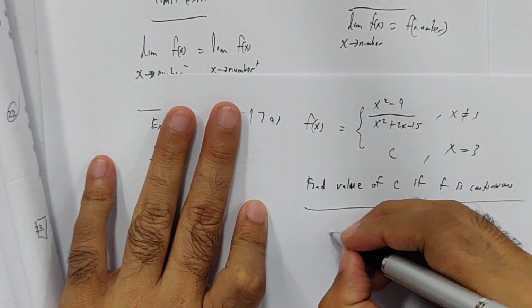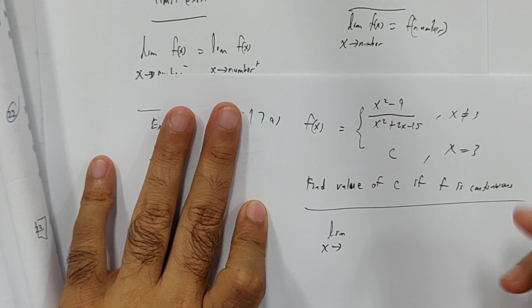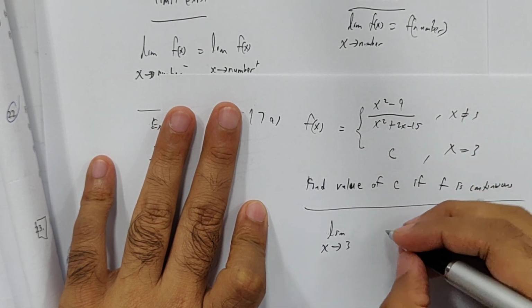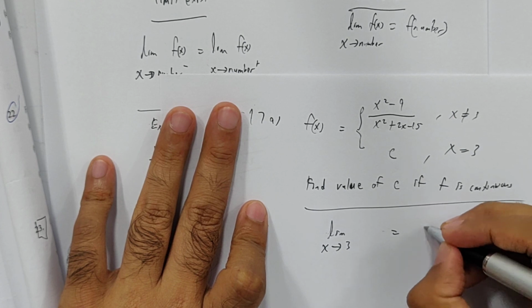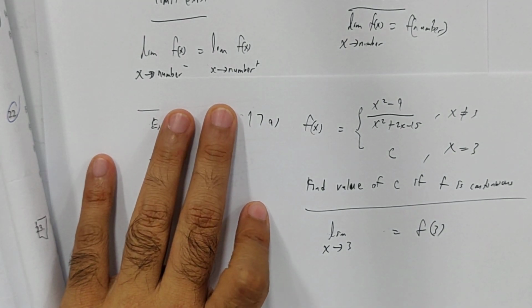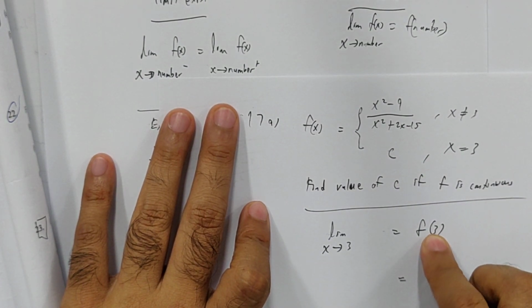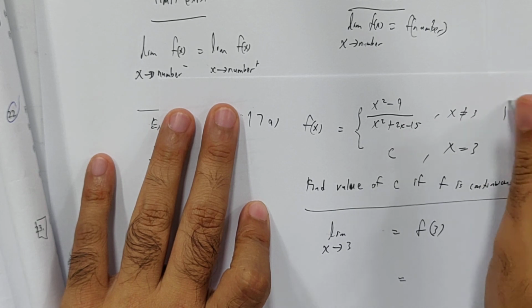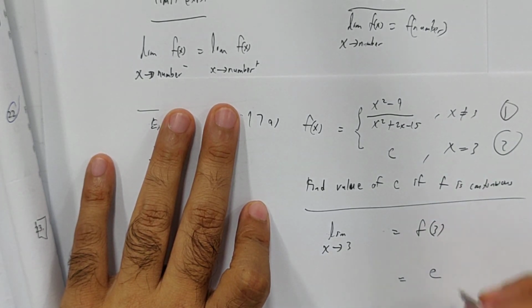Okay, so limit x approaching 3 equals f(3). So let's begin. f(3) is equal to what? Equation 1 or equation 2?